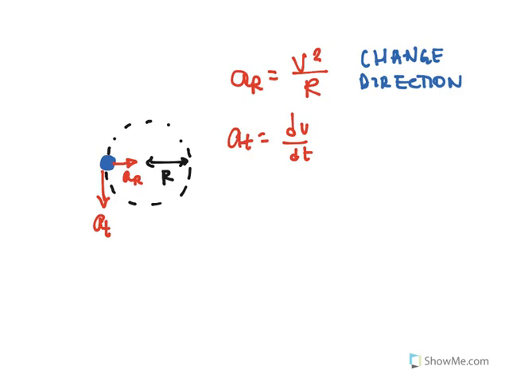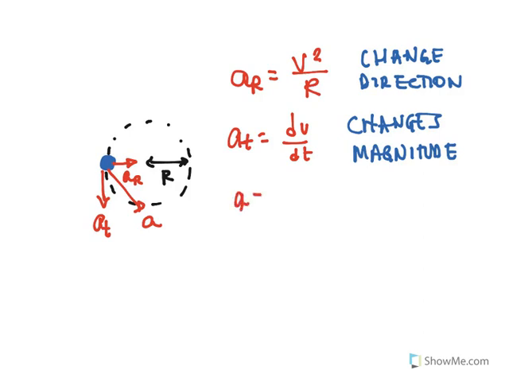This tangential acceleration is the change of the velocity due to time, and it only changes the magnitude, and it goes in the tangential line. And of course, if we add this up, we end up with the total acceleration of the particle. And since both radial and tangential acceleration are always perpendicular, if we add these two vectors, the acceleration is given by the sum of these two vectors, which is given by Pythagoras.